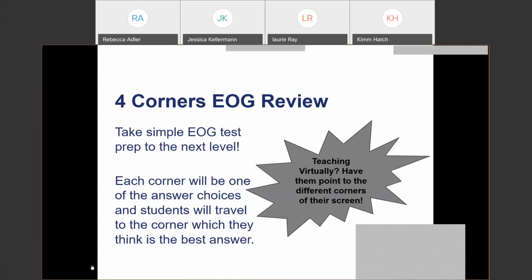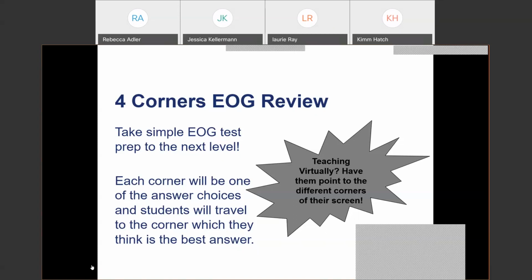They will talk with the people in the corner and come up with one good reasoning why they chose that answer. And then they'll pick one person from each group to share out. Once we talk about it as a group, I say, okay, one more try. I give the same corners, and we see if any kids have changed their mind.